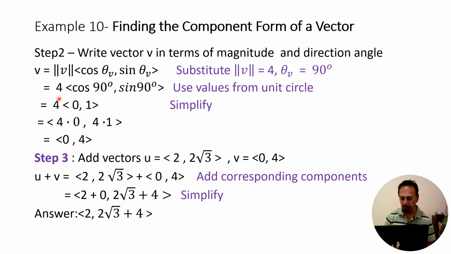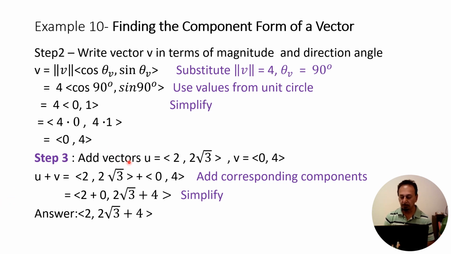So this is 4⟨cosine of 90 degrees, sine of 90 degrees⟩. From the unit circle, cosine 90 is 0 and sine 90 is 1. So you're left with 4⟨0, 1⟩. Now I distribute the 4: ⟨4 times 0, 4 times 1⟩. Simplify gives you ⟨0, 4⟩.